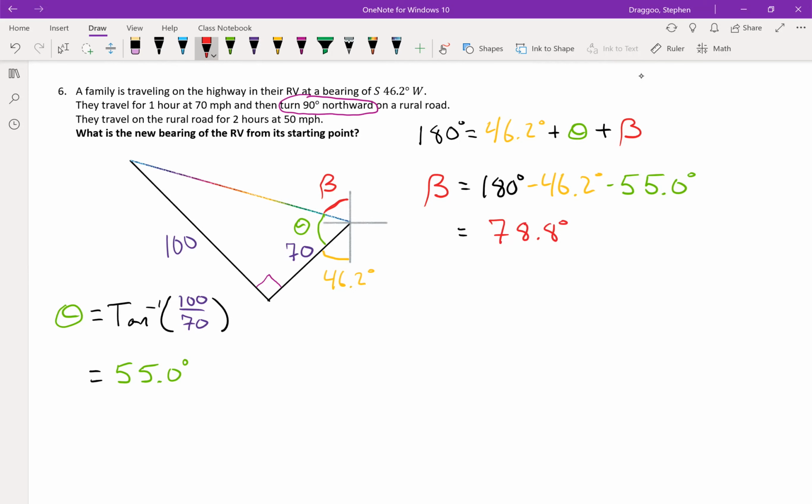So again, that's our bearing angle. So now we'll just need to put that into a bearing. So from my initial starting point, which is where that compass heading is drawn, my RV ends up to the northwest of its initial position. So the direction in my bearing should be northwest, with the bearing angle of 78.8 degrees put in the middle of it, or 78.8 degrees west of north.